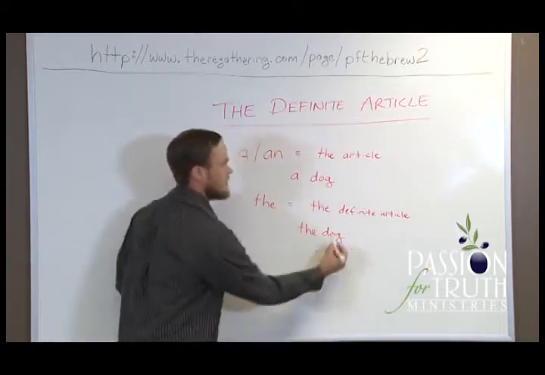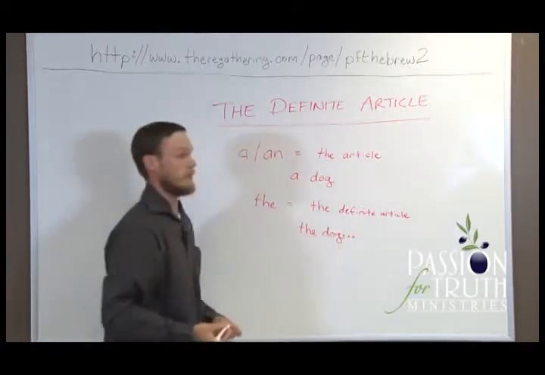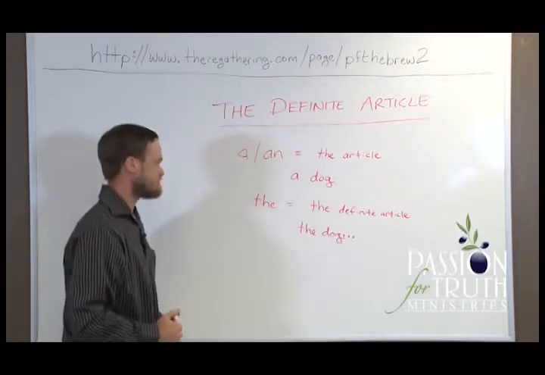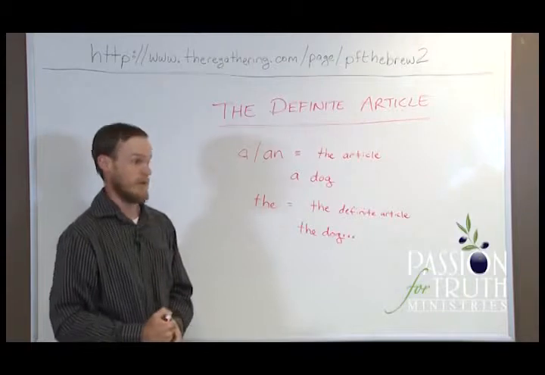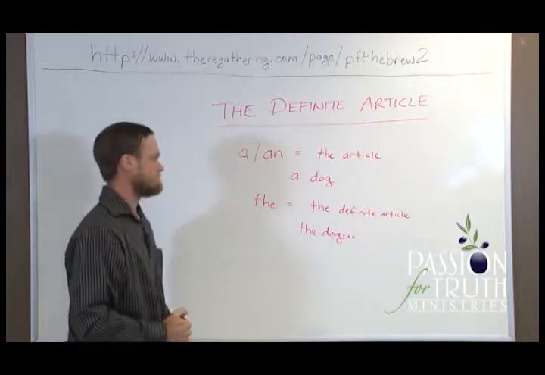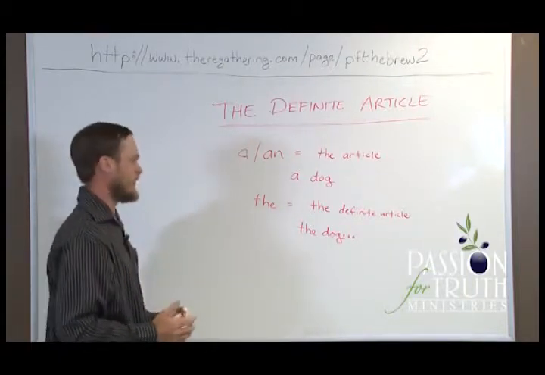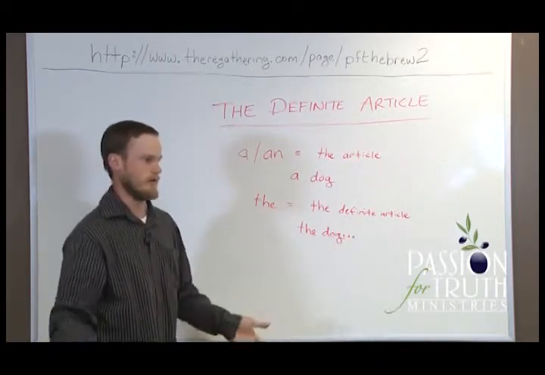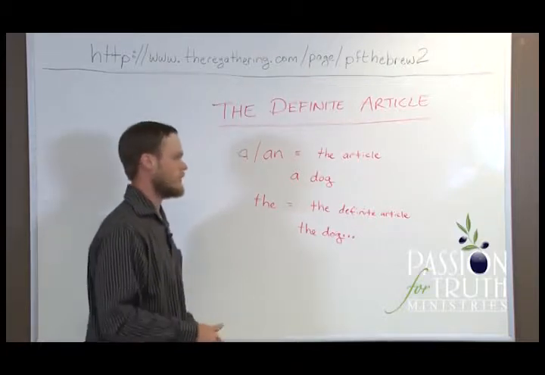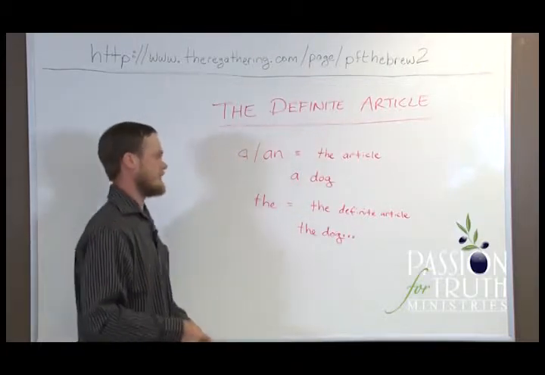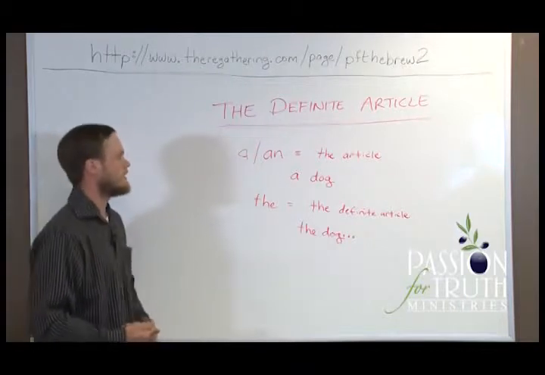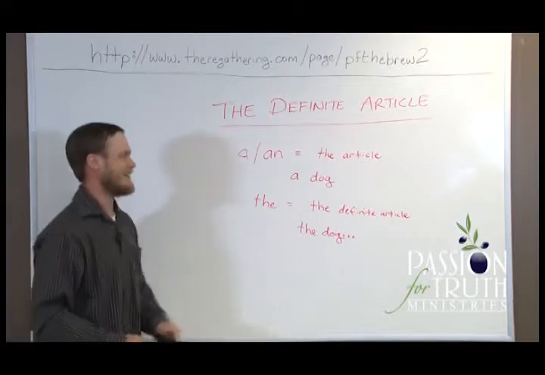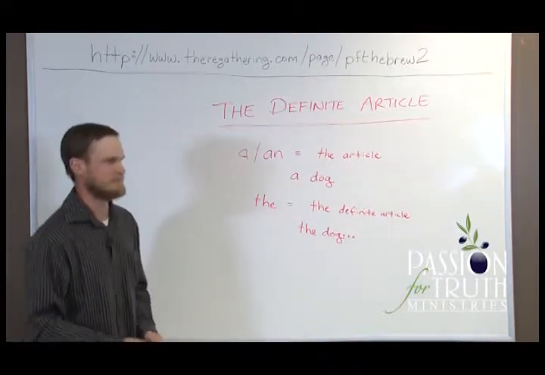But if we say the dog that ate my homework, or the dog that was my sister's favorite, or the Hebrew dog. Or if we were already talking about a specific dog and later on in the conversation we said the dog, we know we're talking about that dog. So the definite article is just a fancy way of saying the word the. The makes a word specific rather than general.